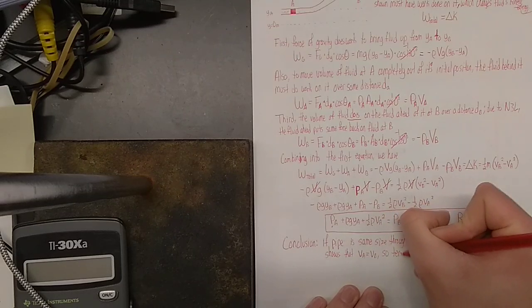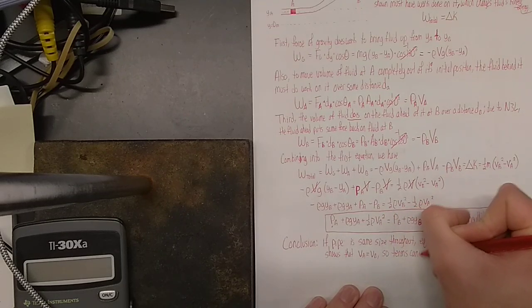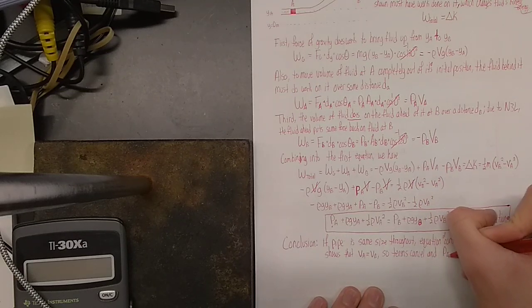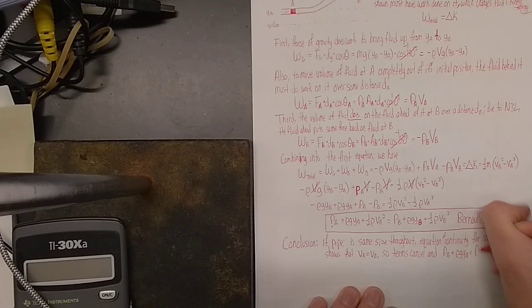So those terms cancel. And we're left with this. PA plus rho GYA equals PB plus rho GYB.